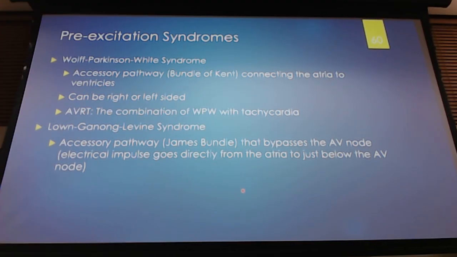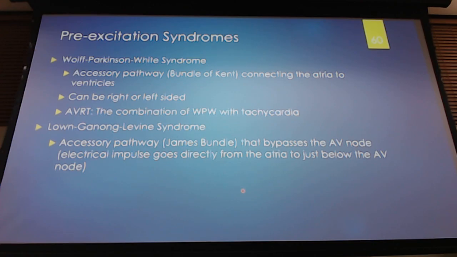All right, pre-excitation syndromes. Yeah, I think we can get through these two. So pre-excitation syndromes, we got WPW and we got LGL, Lown-Ganong-Levine. So what is occurring here? We have an accessory pathway. We talked a little bit about pre-excitation, or WPW at least, yesterday. We talked about AVRT.